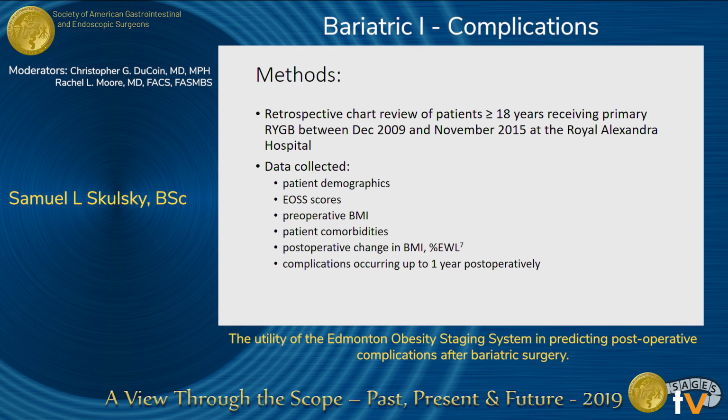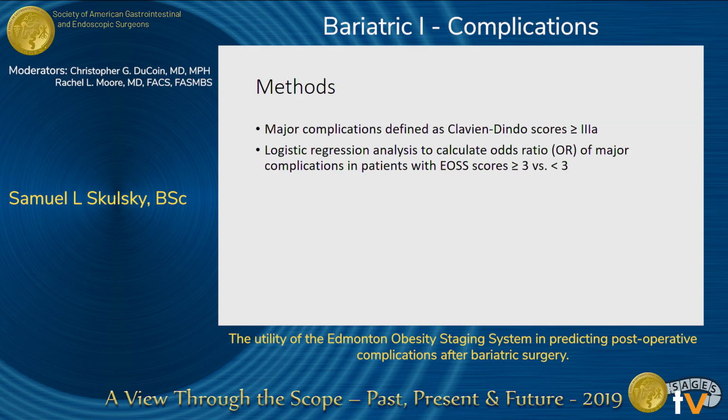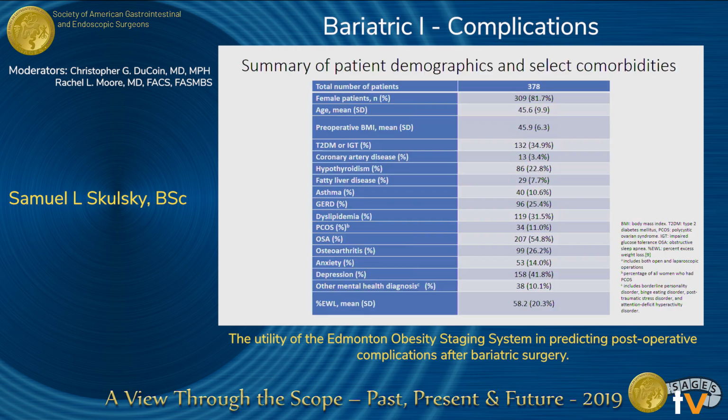There were usually 2, and we looked for agreement in score. We defined our major complications as Clavien-Dindo score of 3A or greater, and we performed a multivariable logistic regression analysis to calculate the odds ratio of major complications in patients with EOSS greater than or equal to 3, versus those with EOSS scores of 0, 1, and 2.